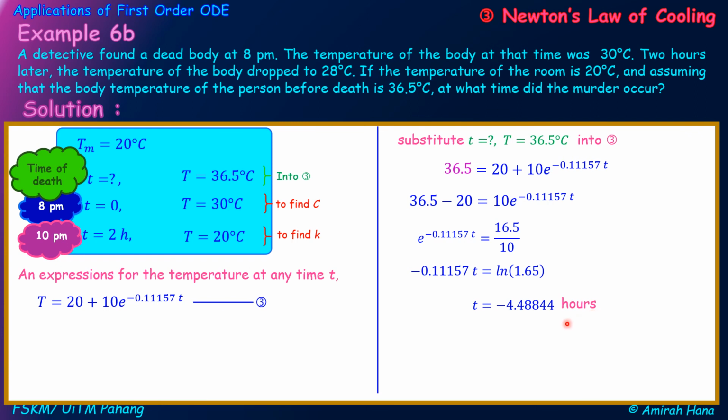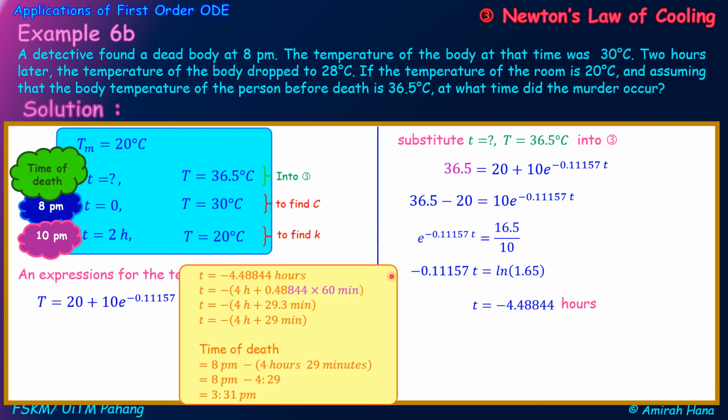Alright. Right now we have time in decimal value. So we need to convert the decimal value here into hours and minutes, to find the time of death. Alright. So from t equals negative 4.488 hours, to convert into hours and minutes, we can split the whole number for hours and then plus the decimal number 0.48844, which we multiply by 60 minutes because 1 hour equals 60 minutes.